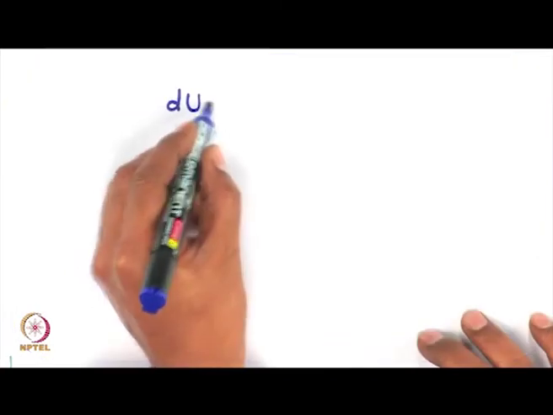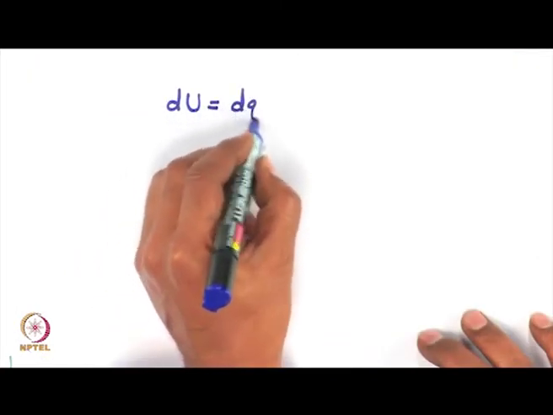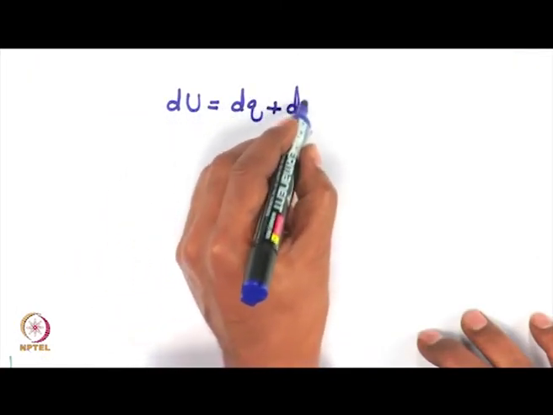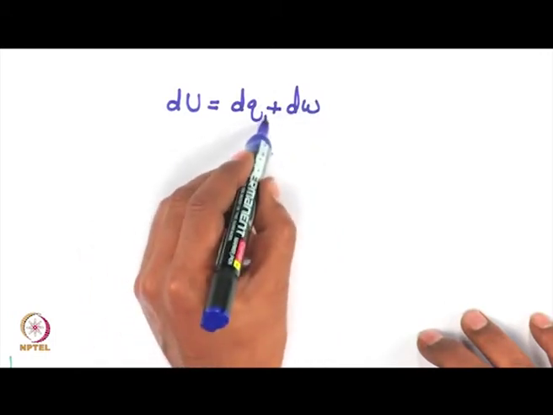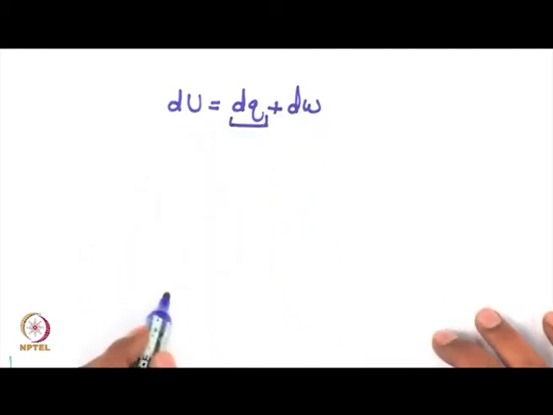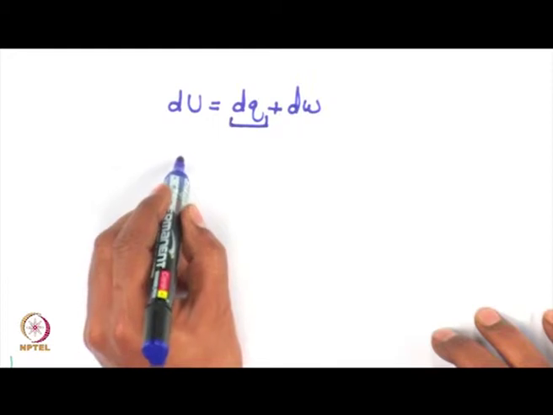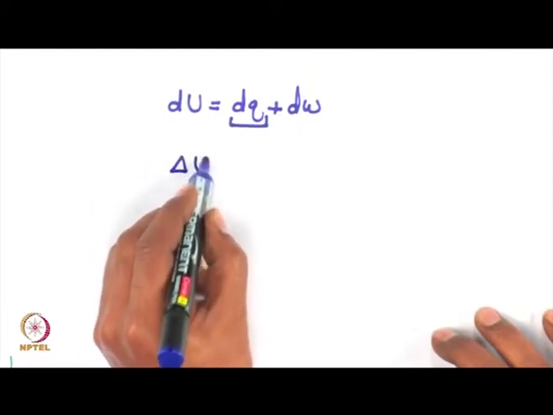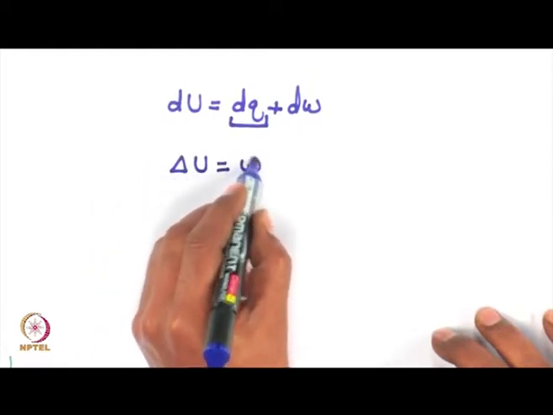dU is equal to dq plus dw. Since the process is adiabatic, dq is equal to 0, and for a finite change I can write delta U is equal to w.